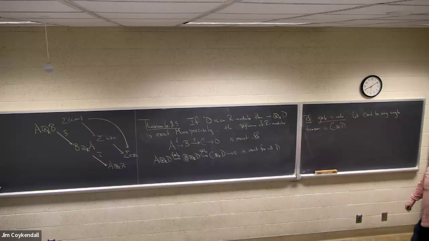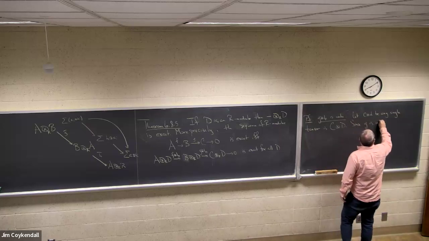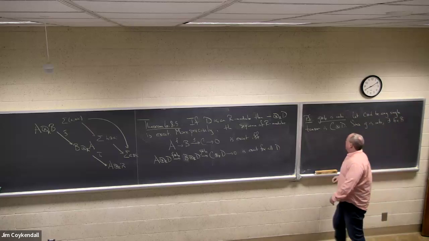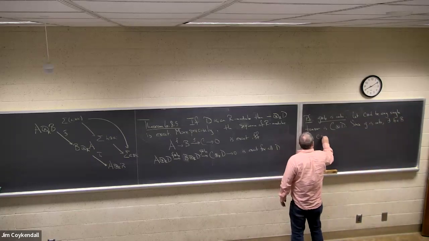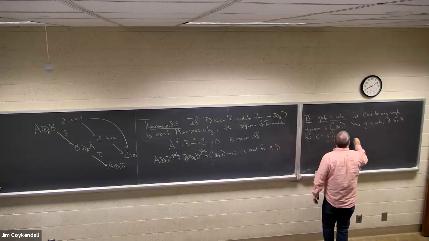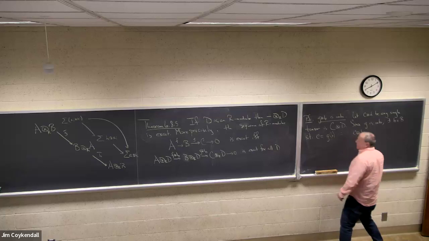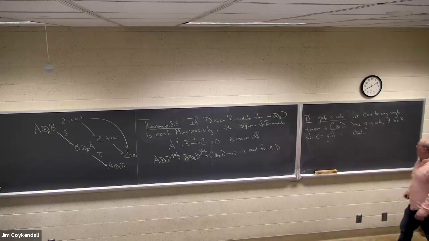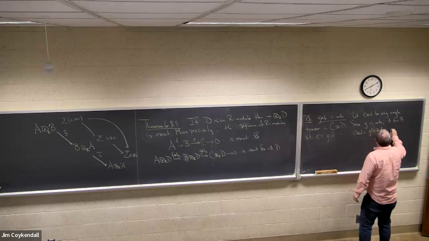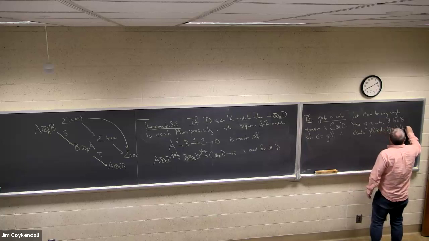By the fact that G is onto, since G is onto, there exists a B in B such that C is G of B. Therefore, if you look at C tensor D, a random single tensor, this is G of B tensor D, which is (G tensor 1_D) acting on the tensor B tensor D.